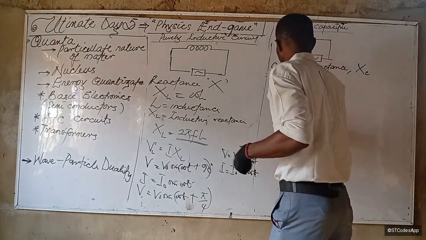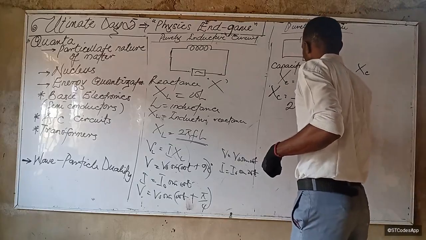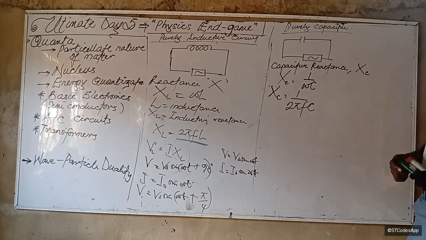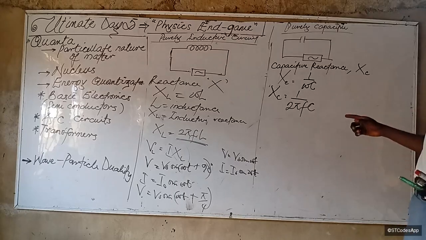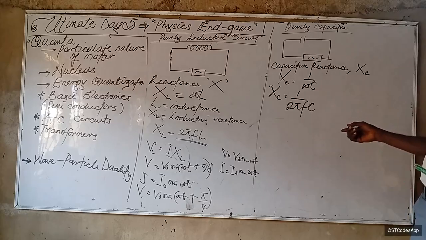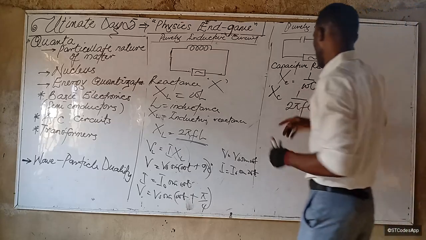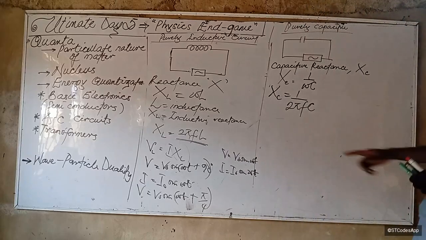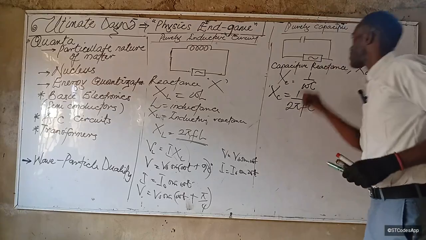So X sub C is equal to 1 over 2 pi f C. I've taught it before now. Okay, so 1 over 2 pi f C.